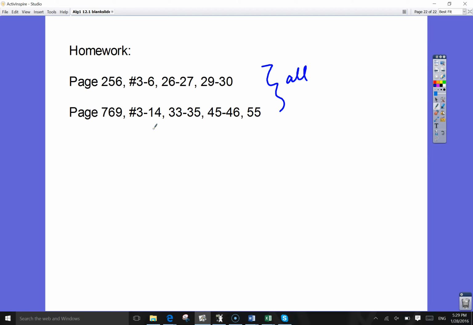And some of these, I'm kind of following the pattern of giving you an even and an odd. The odd you can check in the back of the book. Make sure you get the concept and then try to do the even and be ready to talk about it in class the next time. I believe this is 33, 34, and 35.